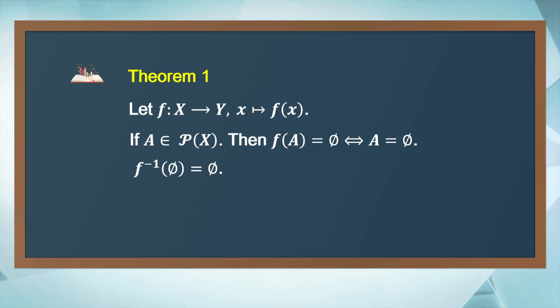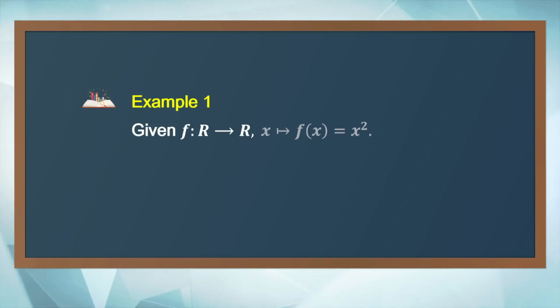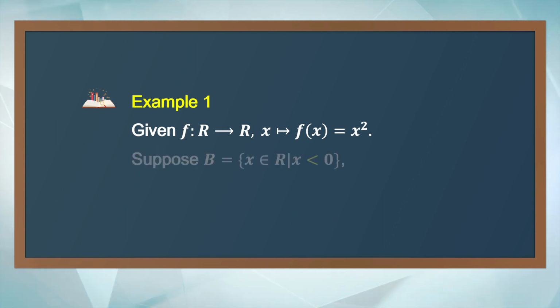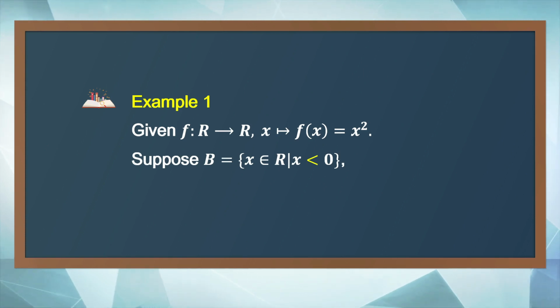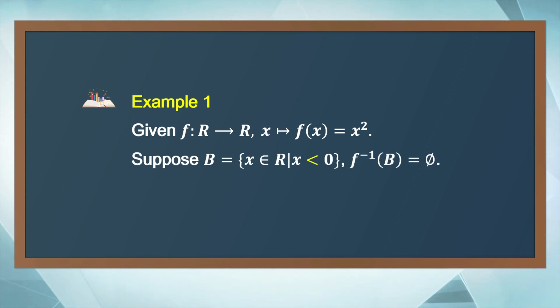Let's take a look at example 1. Given a function f(x) = x squared. The domain of f is the set of real numbers R, and the range of f is the set of non-negative real numbers. Suppose B is the set of negative real numbers. Then the preimage of B is the empty set, but B is not the empty set.